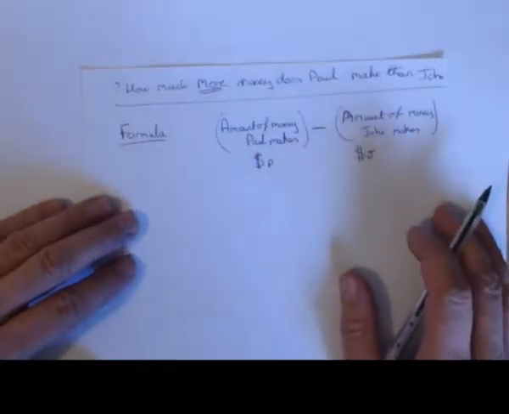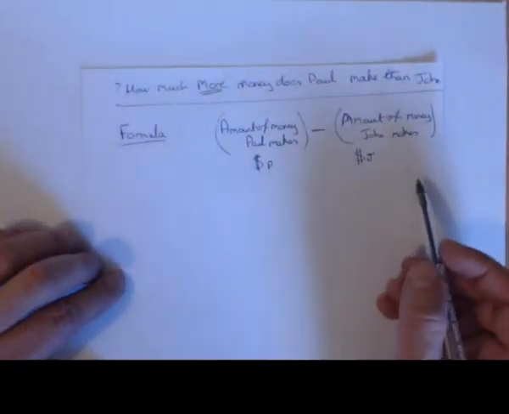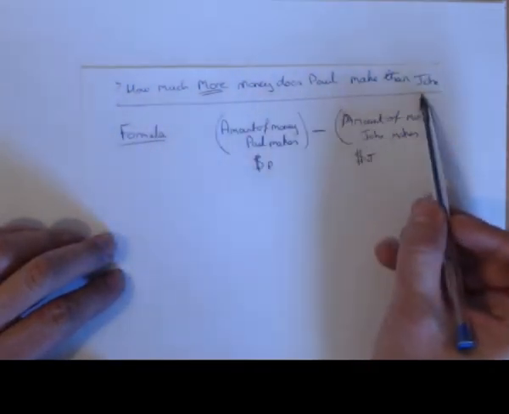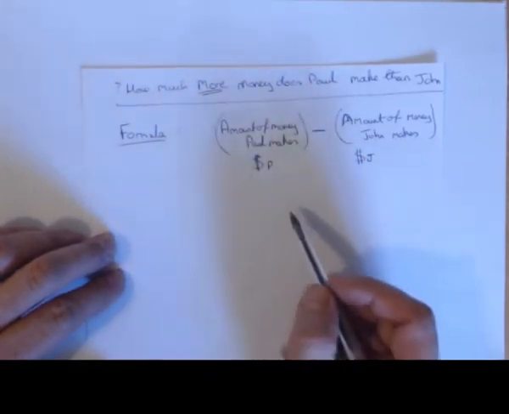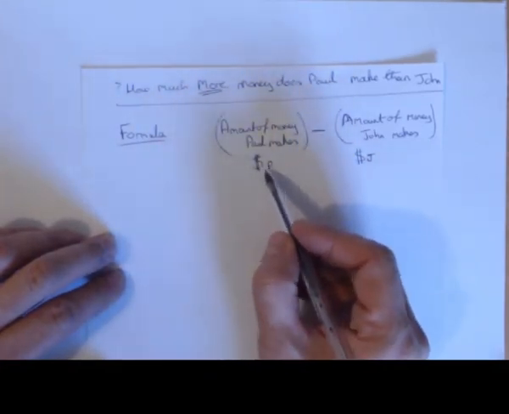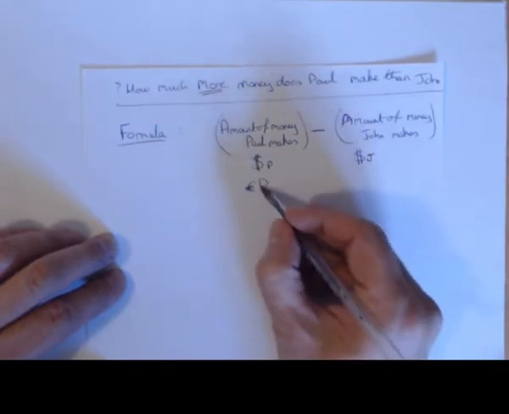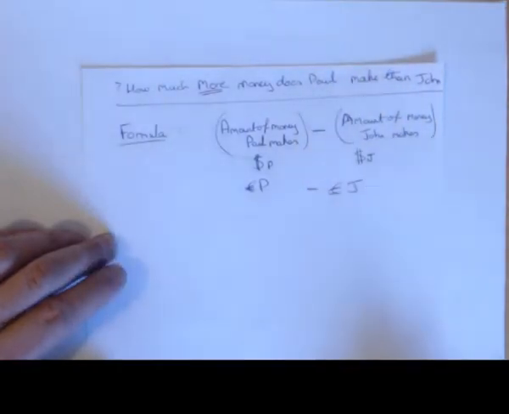But in finance we've got lots of spreadsheets and things like that where we've got formulas. So for example, the formula to find out how much more money Paul makes than John would be the amount of money that Paul makes, so I'm going to say euro symbol P for Paul, minus the euro symbol J for John.